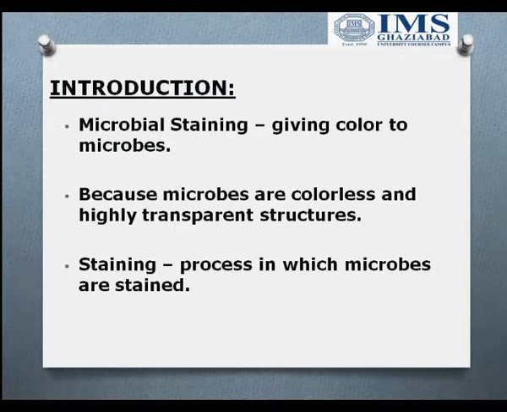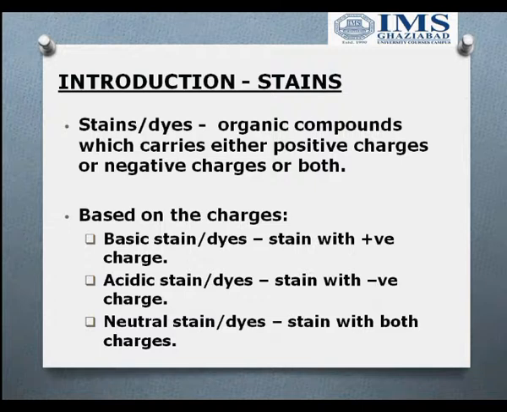What is a stain? Stain is a dye used to color a living or a dead organism, or we can say it is an organic compound which carries either a positive charge or a negative charge or both charges. Based on the charge, we can classify stains into three parts: basic stain, acidic stain, and neutral stain.